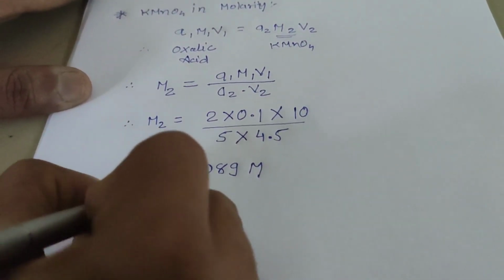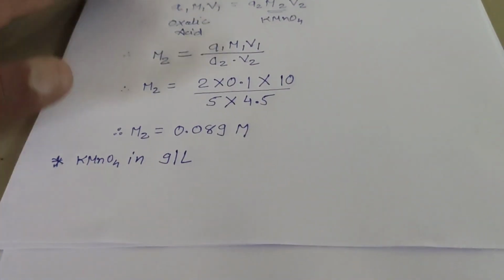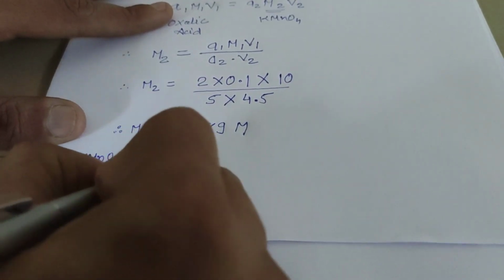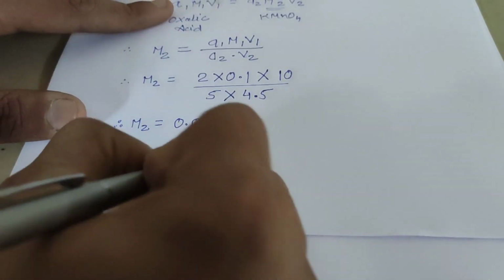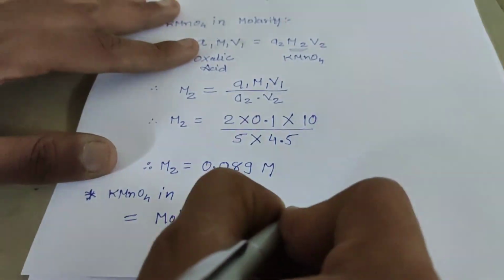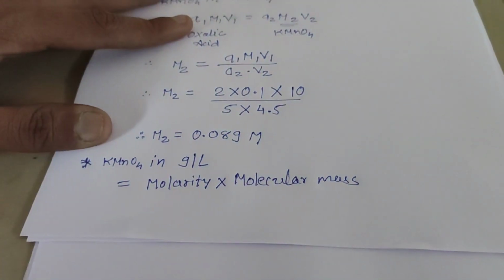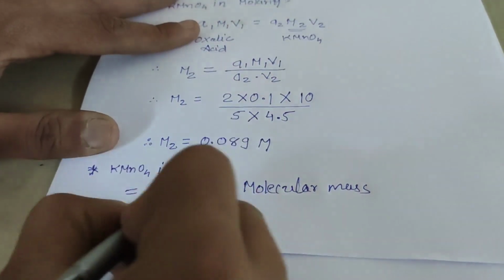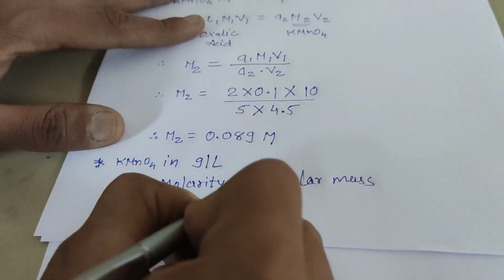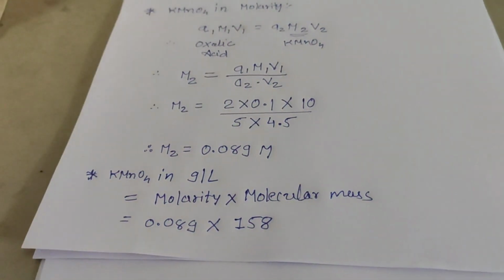KMnO4 concentration in gram per liter. What was the formula? It is very simple. Molarity of KMnO4 into molecular mass of KMnO4. Put down the values. Molarity we have just discovered is 0.089 and molecular mass is 158.